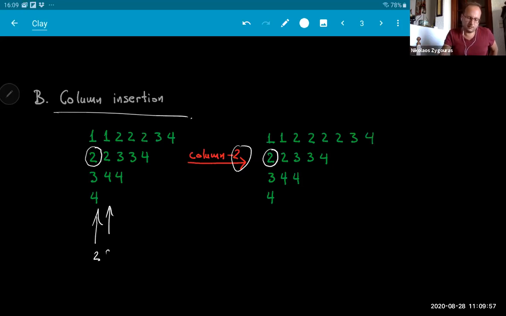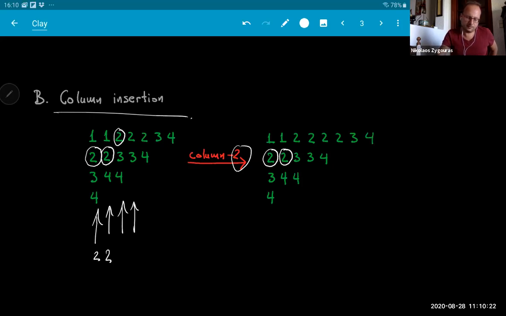Now, the 2 that was bumped on the left-hand side is going to be inserted in the second column in the same fashion. So it's going to find the first number which is greater or equal to itself. Again, it's 2. It's going to replace it. And the 2 that was bumped is going to be inserted in the next column. It's going to find itself.